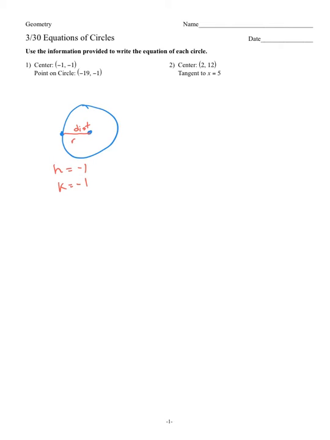So we do distance equals the square root of x1 minus x2 squared plus y1 minus y2 squared. And if we put here that -1, -1 is x1, y1, and -19, -1 is x2, y2, then we just plug them in.